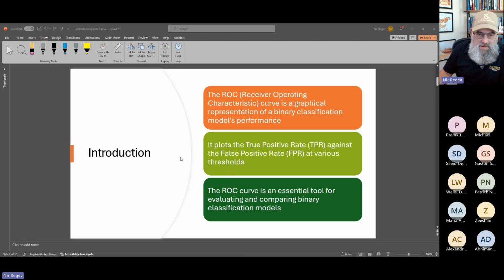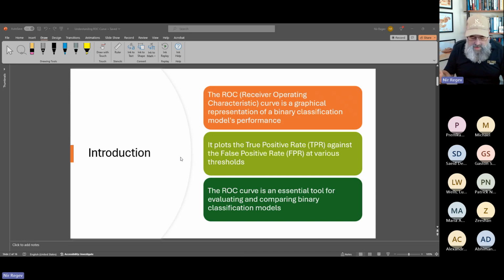Okay, so what is the ROC curve? The ROC curve, standing for receiver operating characteristic, is a graphical representation of a binary classification model's performance. What is a binary classification model? The way I teach that in my detection theory course is to think about a smoke detector, like we have in our houses.